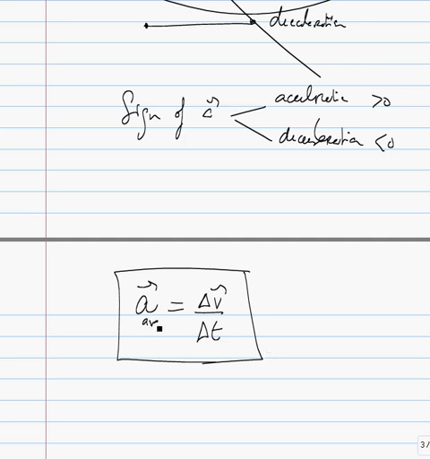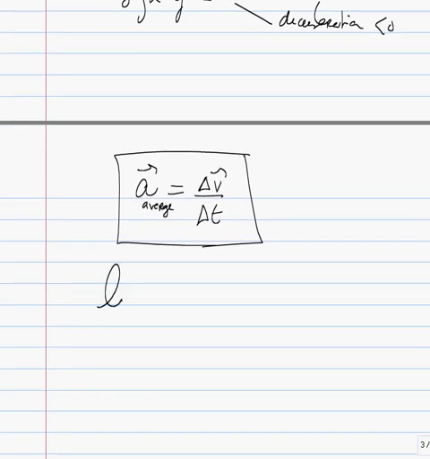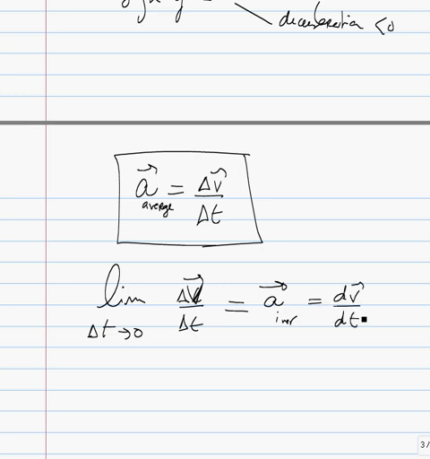This is known as the average acceleration. And if we start taking the limit as delta t goes to 0, therefore we're considering smaller and smaller and smaller intervals. This will give us the instantaneous acceleration, which is dv over dt, which is the value of the acceleration at a specific instant of time.